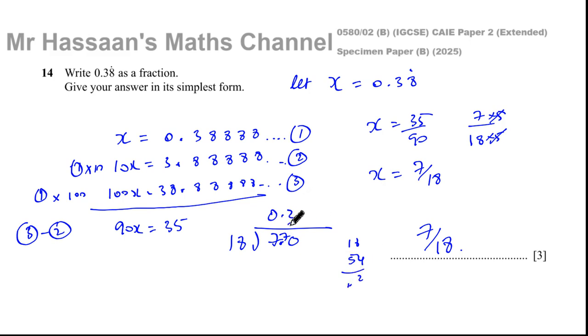So it's going to be 3, because 3 18s are 54, and then 54 from 70 is 16. So you put 16 in here, and so on. It's going to be a bit of a hassle, but you could try to work that out if you have time.